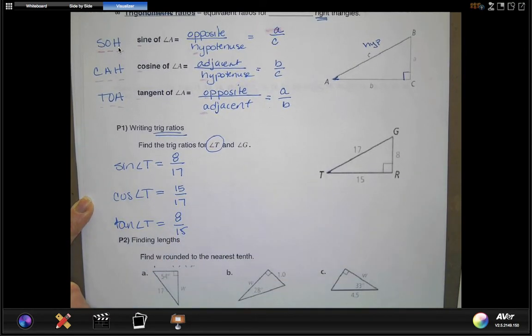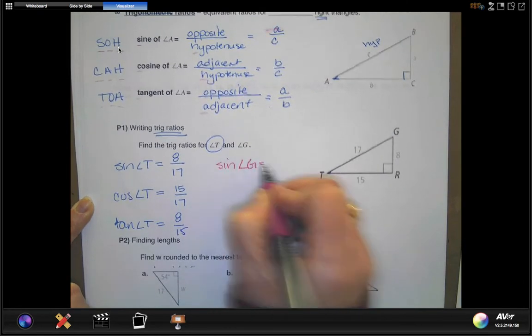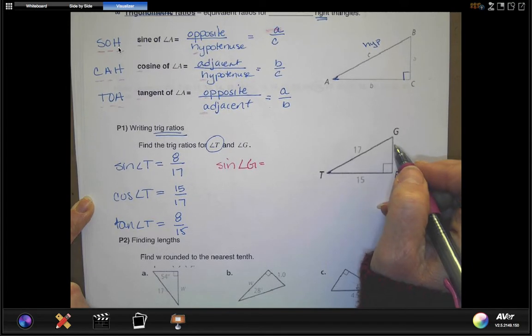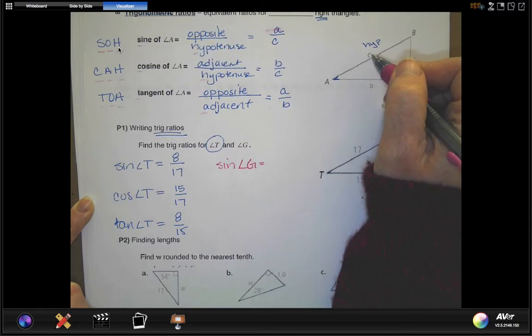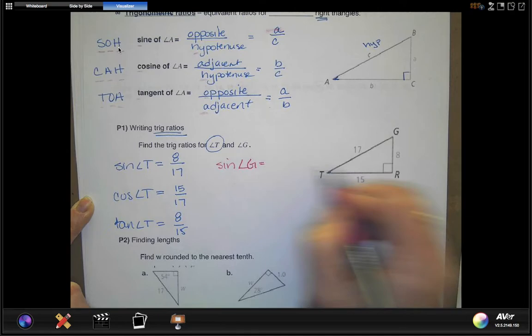And then I can do the same thing for angle G. I'm not using the right angle ever. It's always the other angles. It wouldn't make sense to do the right angle because the opposite would be the hypotenuse, so then you'd have hypotenuse over hypotenuse. So that's why it's always these other angles. So the sine, again, is opposite over hypotenuse.